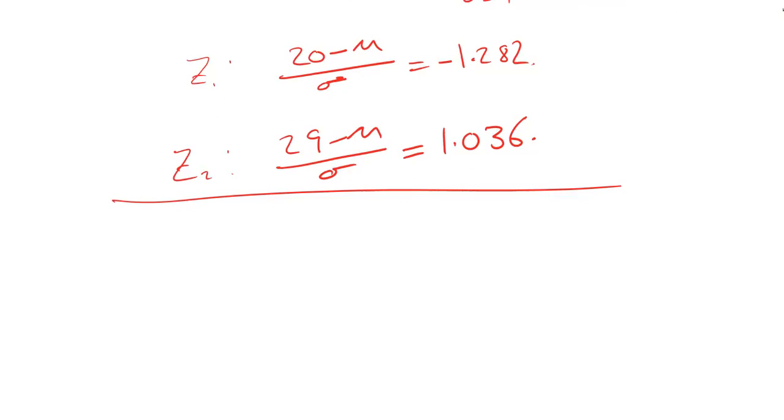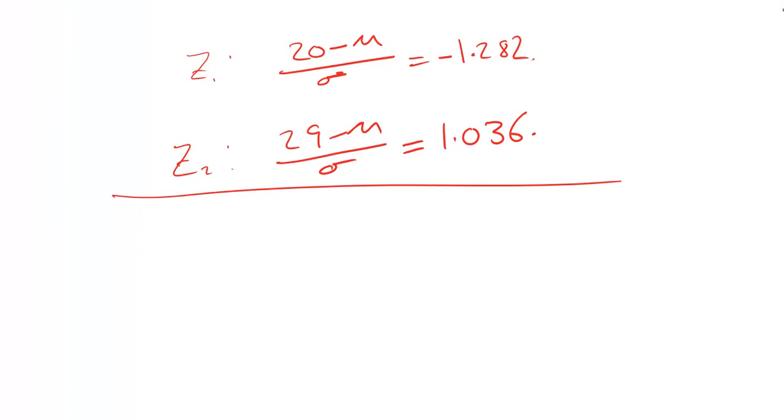And of course, this is a calculator question, so we can use that functionality of the calculator to help us out. So I think the best way of doing this is probably to start moving things around and making things look nice. So we could, for example, multiply by the standard deviation in both cases and then add the mean. If we do that, we get 20 is equal to negative 1.282 times the standard deviation plus the mean.